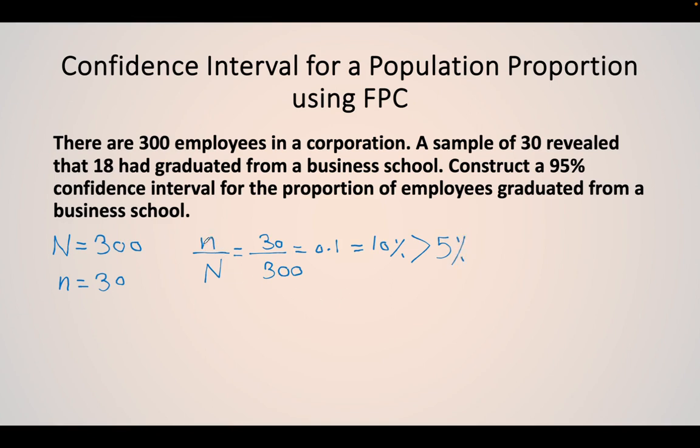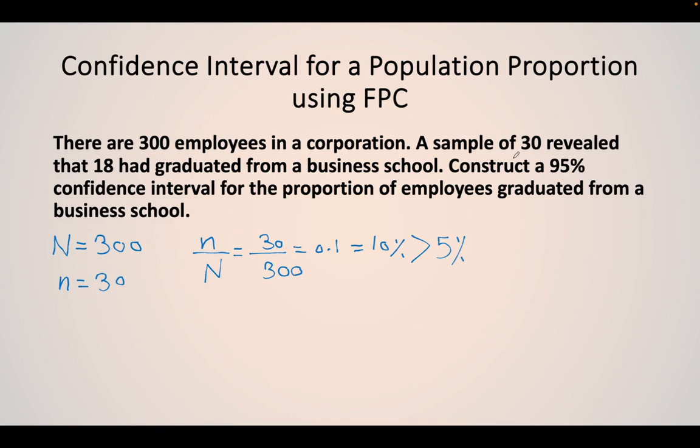So, because the ratio between sample size and population size is more than 5%, I need to adjust the confidence interval by FBC. Population size is 300, sample size 30.